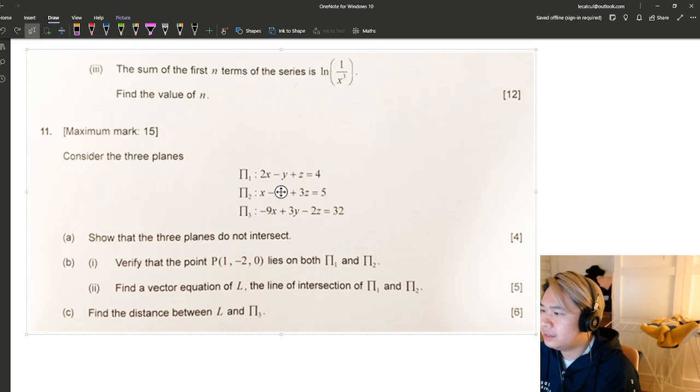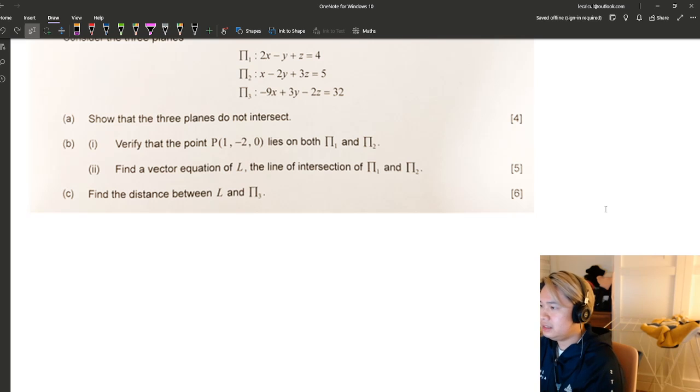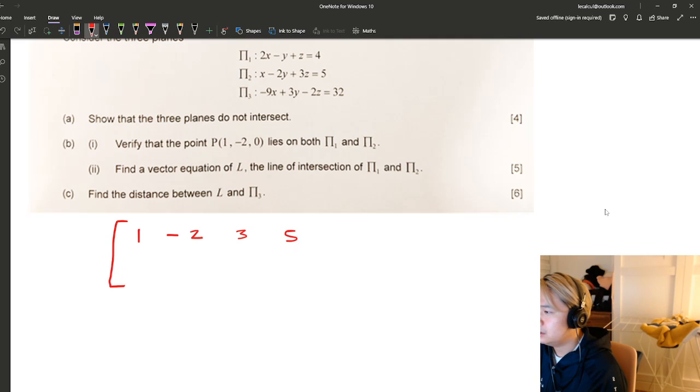Let's do this using matrices. I'm going to use the equation for plane 2 first, so that I have a 1 in my upper corner. And then the other two don't really matter.